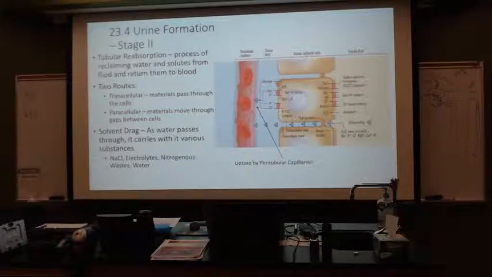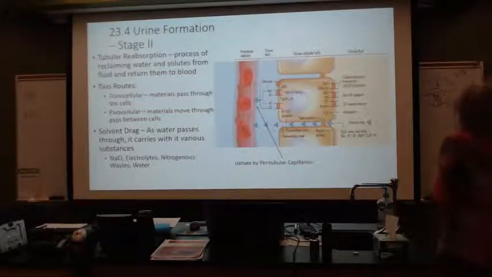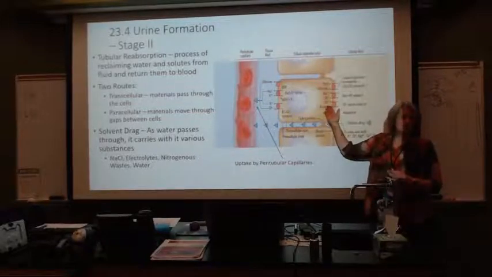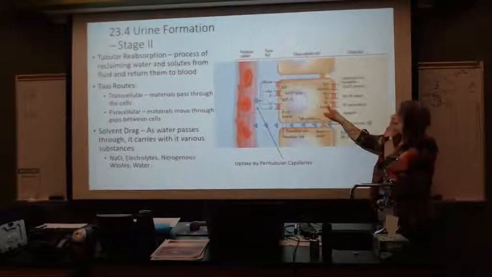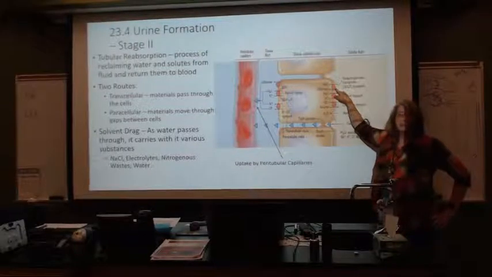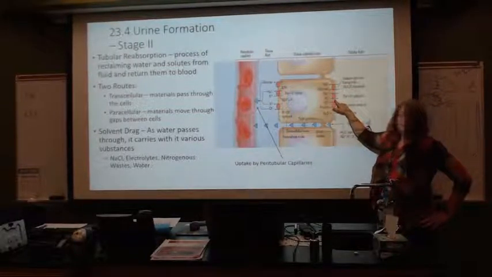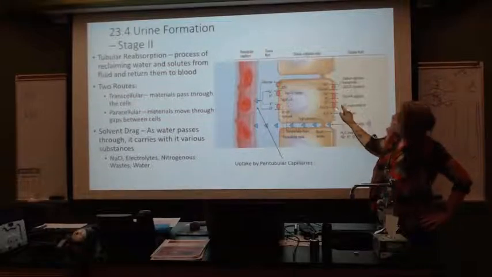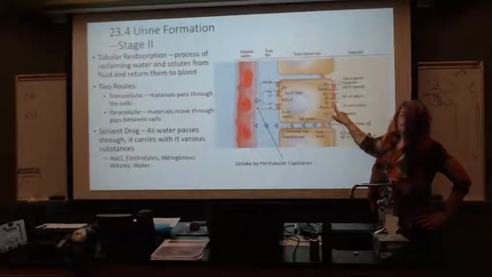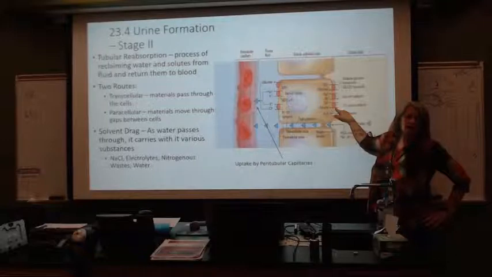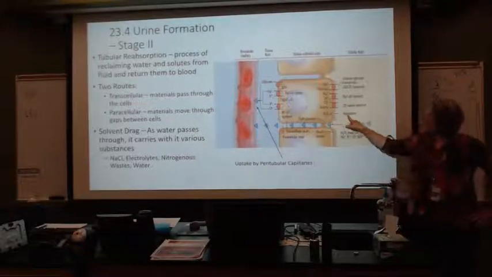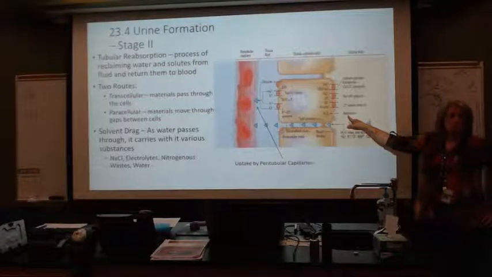So I have the ability at this point across the cell itself to have sodium and glucose move, to have sodium and H+, but they move in opposite directions of each other. I can have the ability for chlorine or other negative ions to move, okay? And then I can have the ability for water.